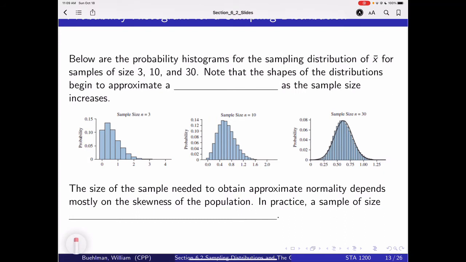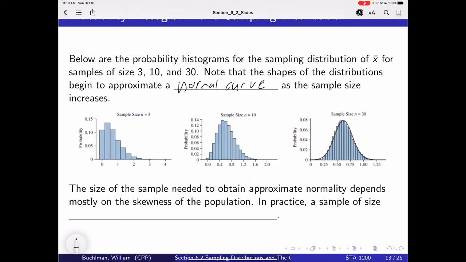Below are the probability histograms for the sampling distributions of x bar for samples of size 3, 10, and 30. Note that the shapes of the distributions begin to approximate a normal curve as the sample size increases.